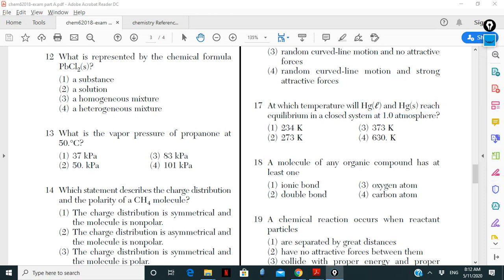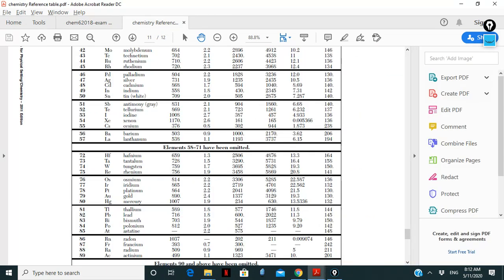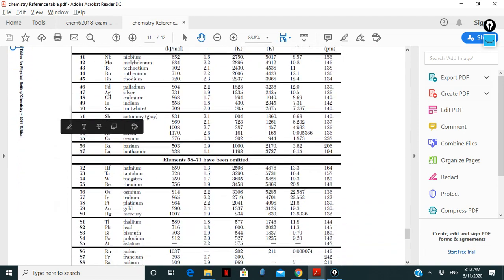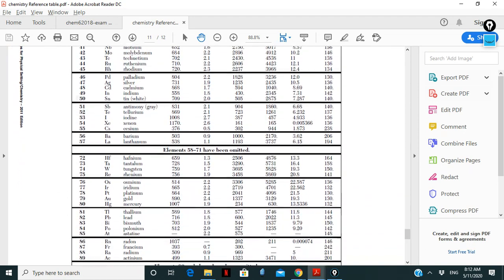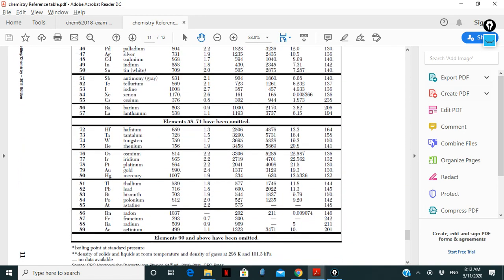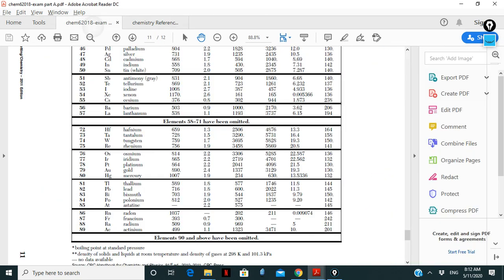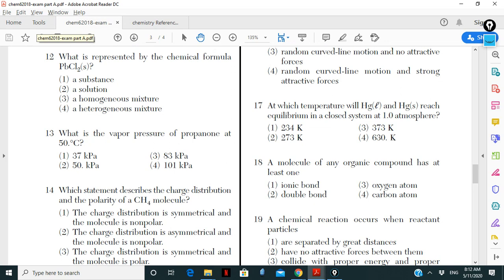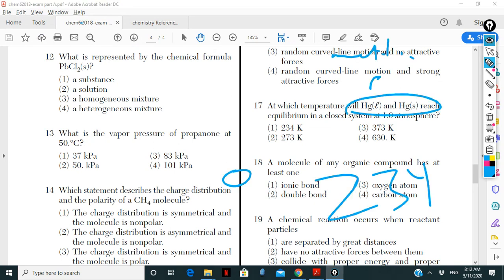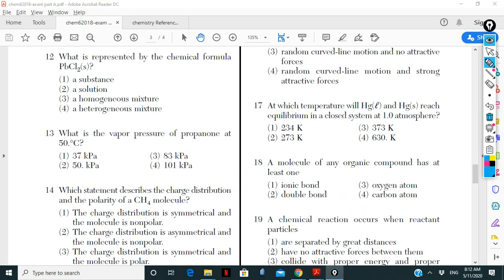So the melting point, in this column, comes to 234. So I'm picking 234, and the answer is 1.